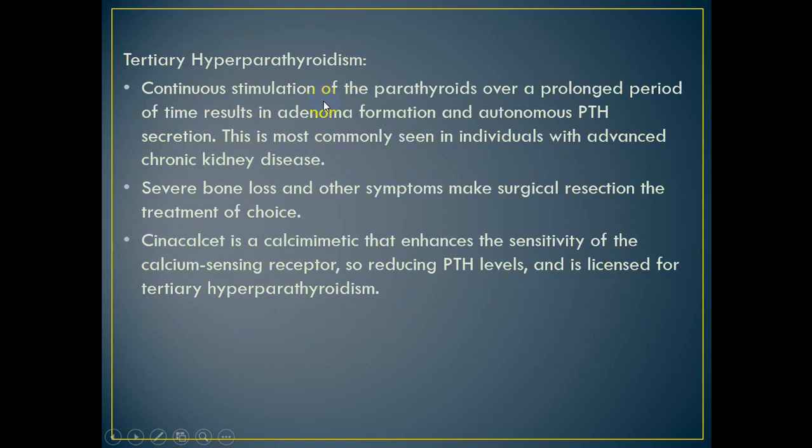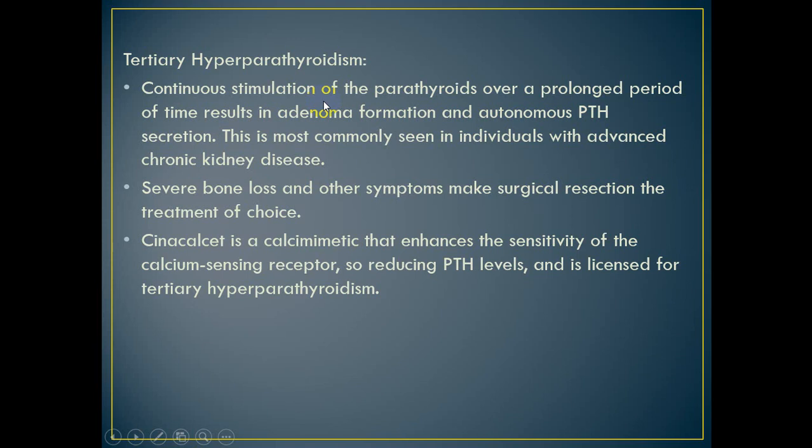What is tertiary hyperparathyroidism? Suppose we have patients with chronic kidney disease. As you know, the majority of patients with chronic kidney disease have chronic hypocalcemia, meaning low calcium level. This hypocalcemia will be sensed by the parathyroid gland, and the parathyroid gland will respond by increased secretion of parathyroid hormones. So in patients with chronic kidney disease, there is hypocalcemia that stimulates the parathyroid to secrete parathyroid hormones.